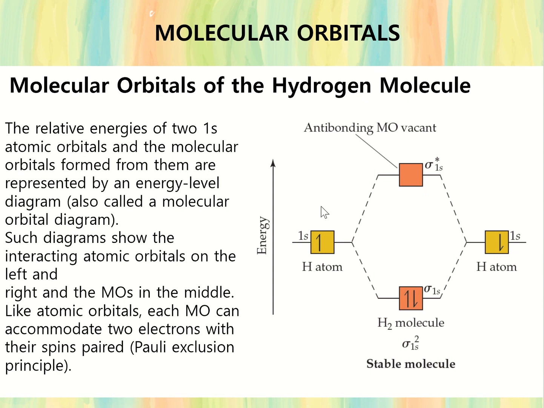So this is our energy level diagram, also called a molecular orbital diagram. And it has the hydrogen atoms here because we are forming a diatomic gas. So what we're seeing here is that we have one electron in our 1s orbital, one in our other 1s, and for the bonding molecular orbital we have one electron from here, the other from here, and we have a vacant antibonding molecular orbital.